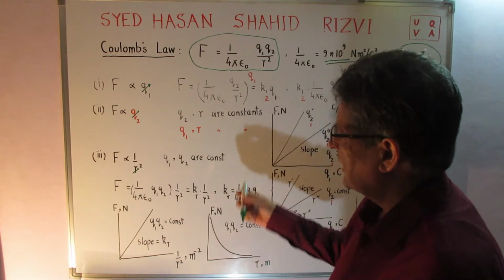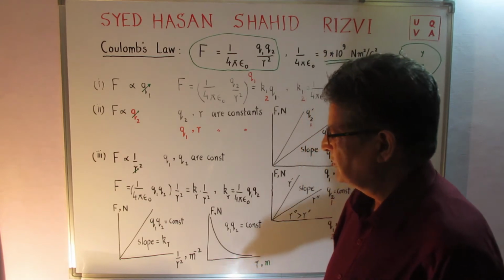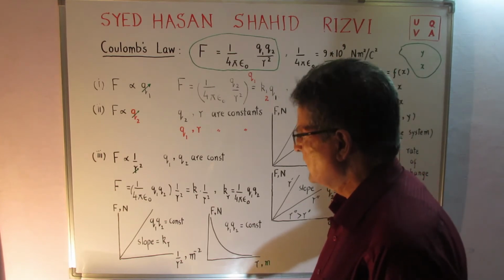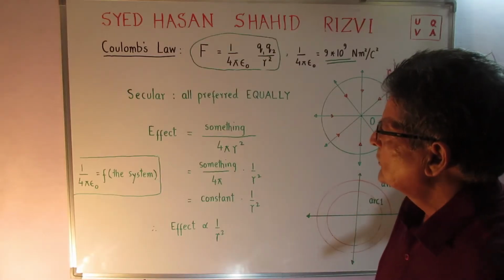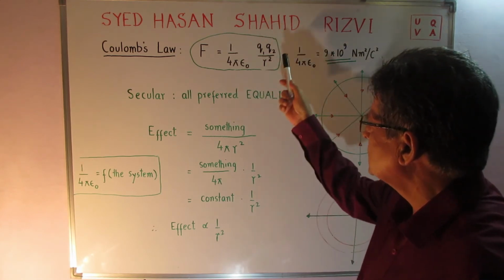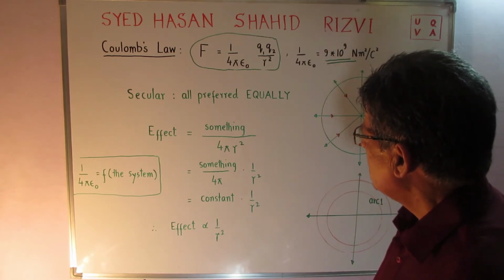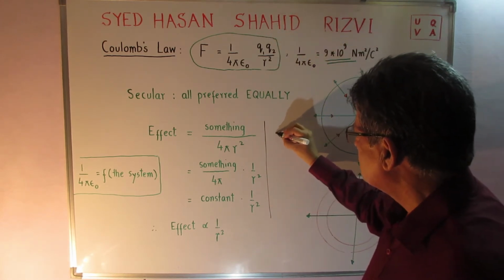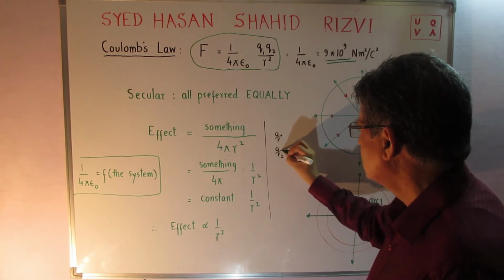But next I am going to tell you how the values come about and how this inverse square relationship is a must in such situations. So Coulomb's law has been derived as F is equal to 1 upon 4 pi epsilon naught Q1 Q2 upon r square. Here I would like to tell you that the variables are Q1, Q2 and r.